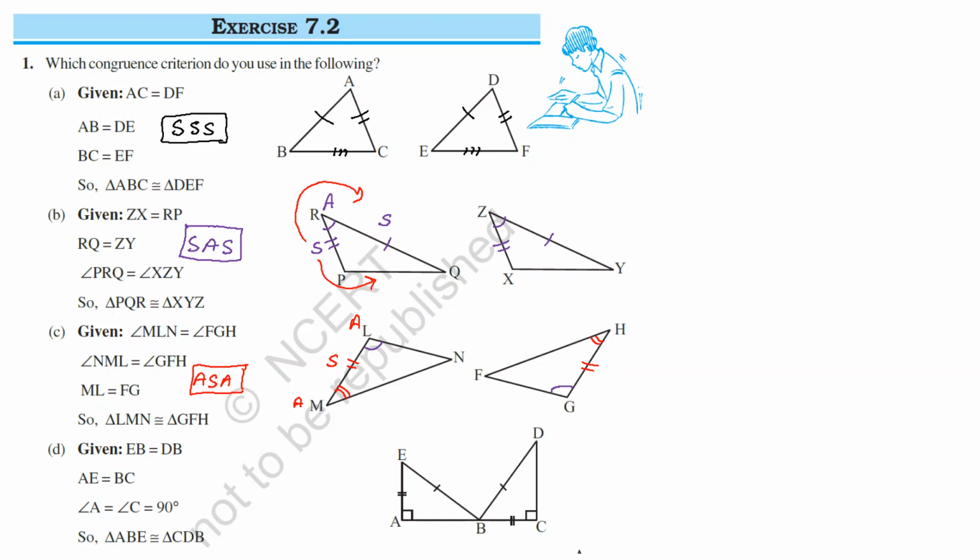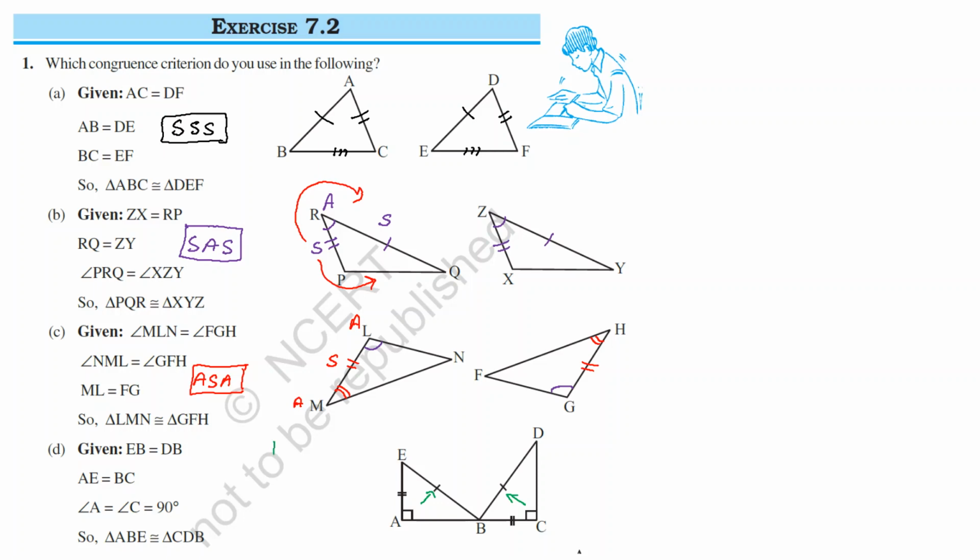Now if you see the D part, it says EB is equal to DB. Already they are marked. EB is equal to DB. So for triangles ABE and CDB, you can see they are right angle triangles. So the side opposite to the right angle is always the hypotenuse. So we got hypotenuse equal.